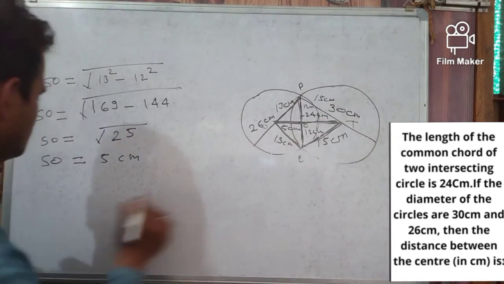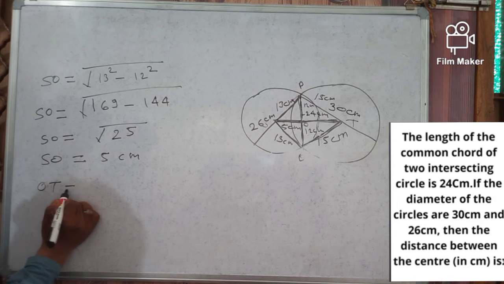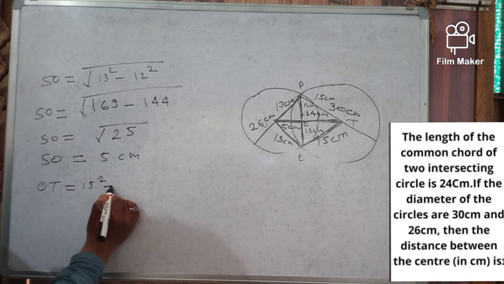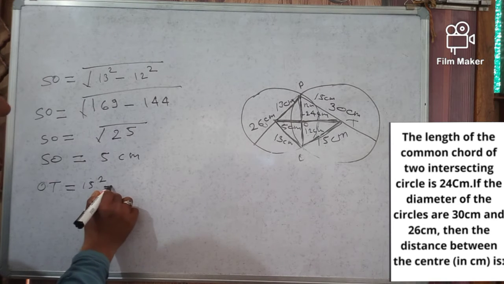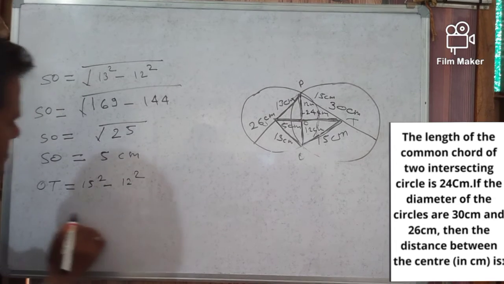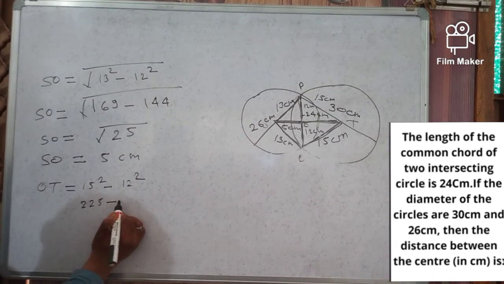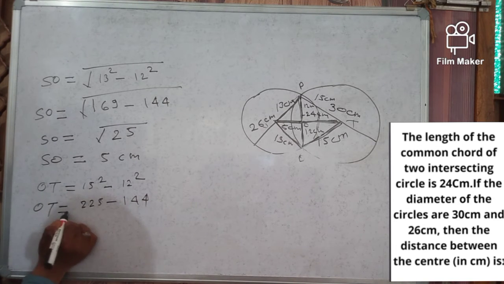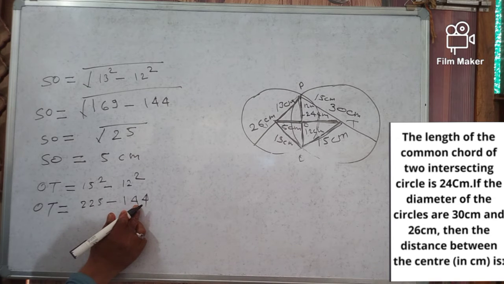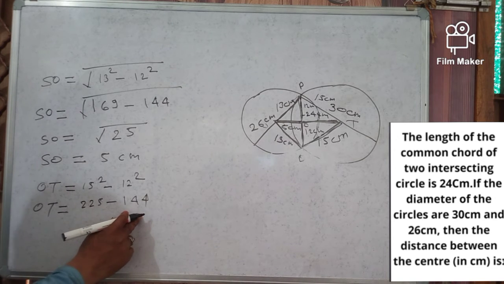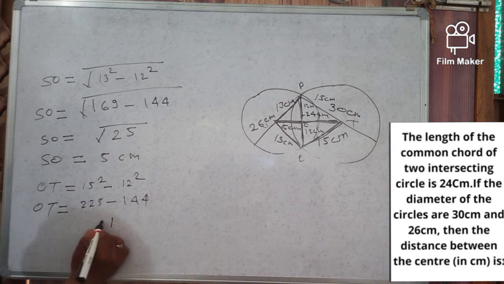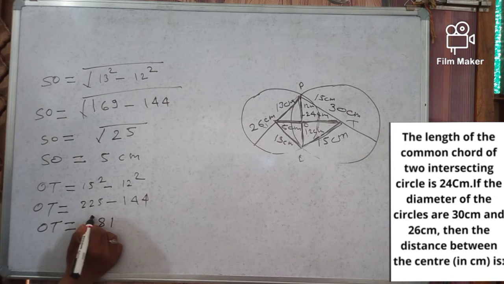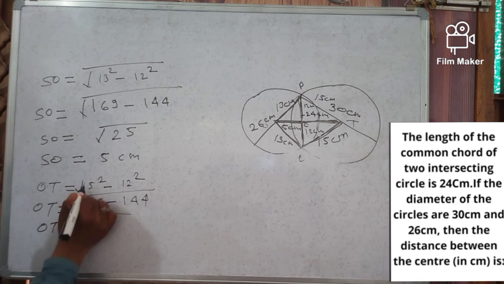OT is equal to under root of 15 square minus 12 square. 15 square is 225 minus 144 is 81, under root.